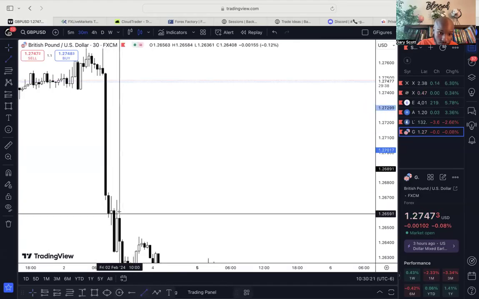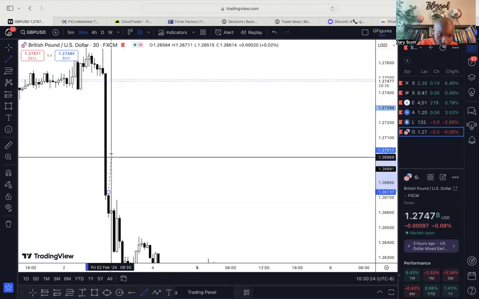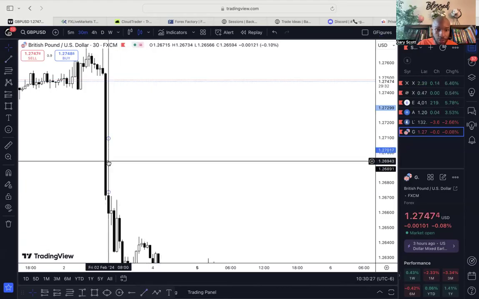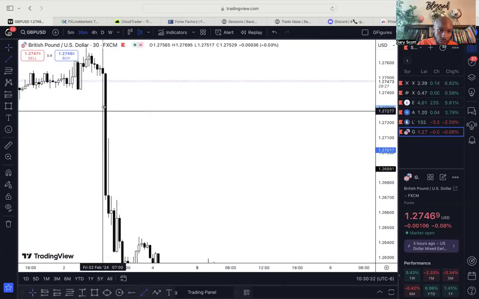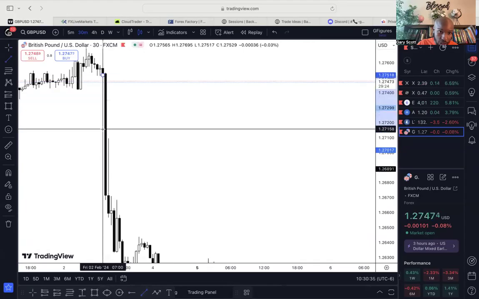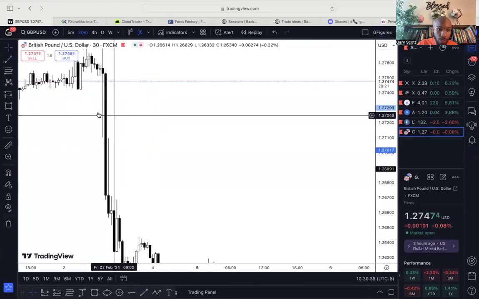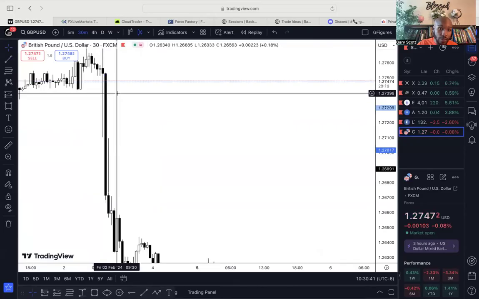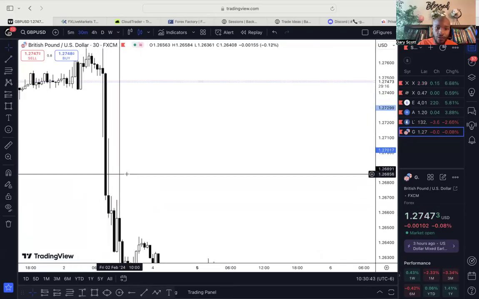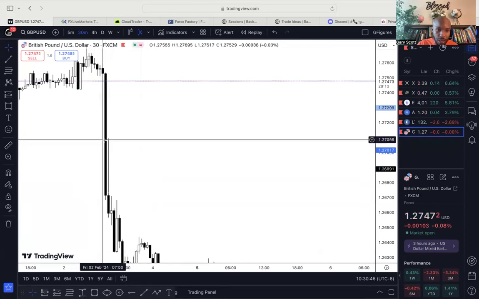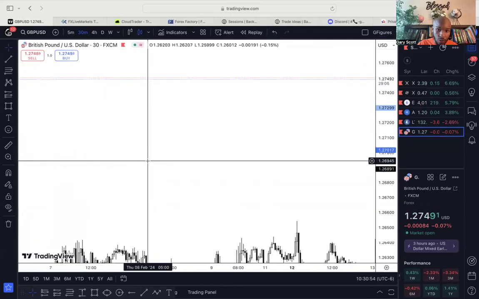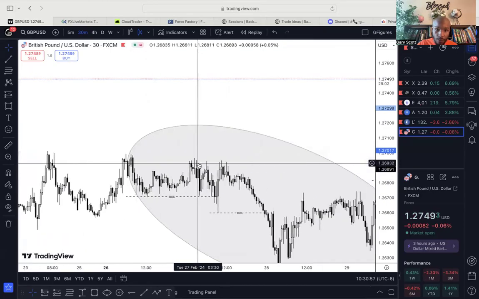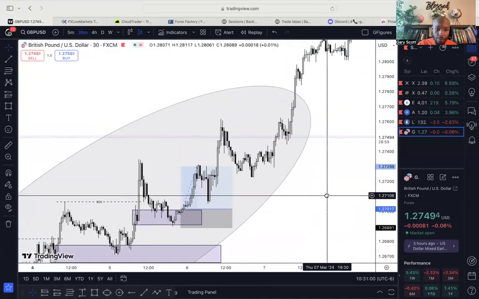If I drag this all the way up to this point, and let's say these wicks actually meet, this does not classify as a fair value gap, because these wicks actually meet in between the body of this candle. But because it is a fair value gap, we know price is going to work its way back above that particular point.